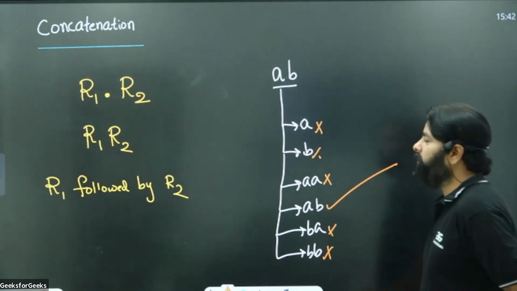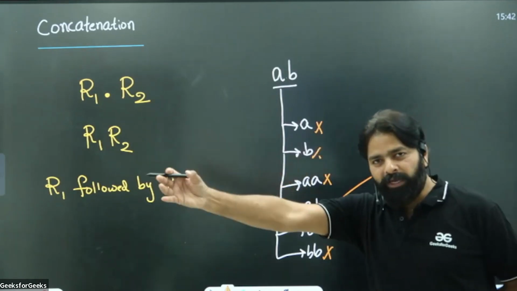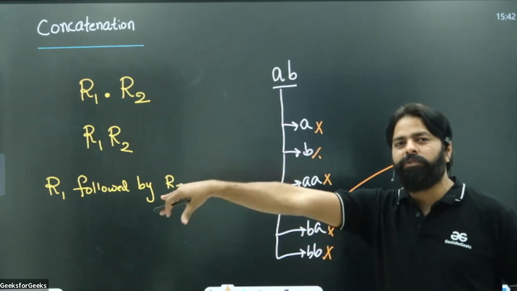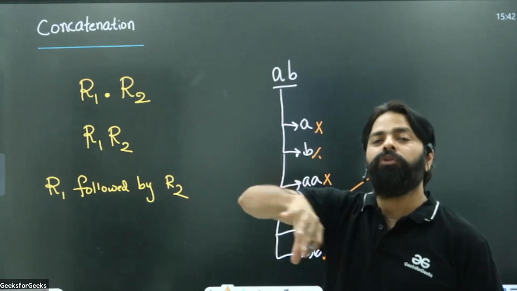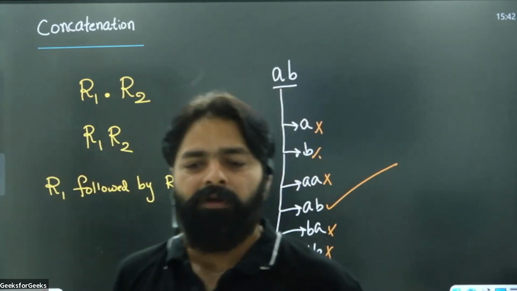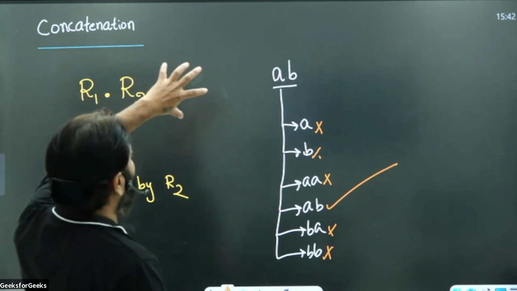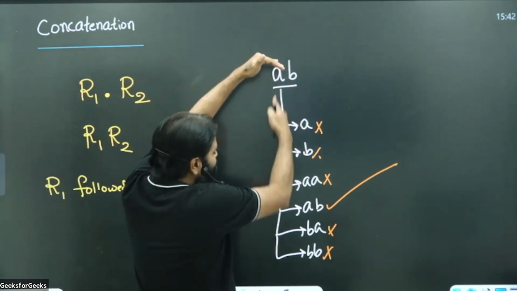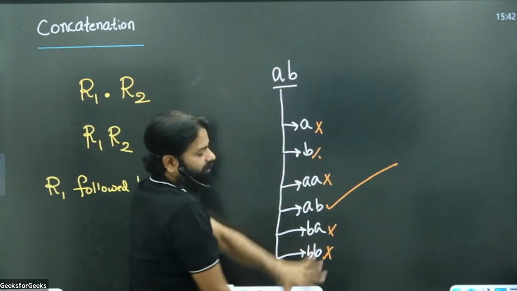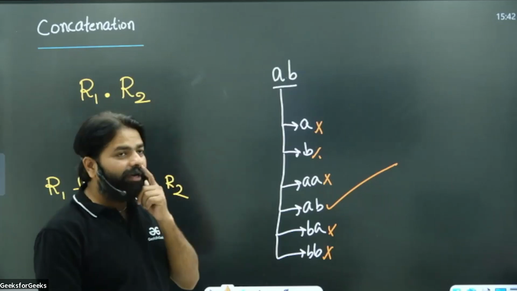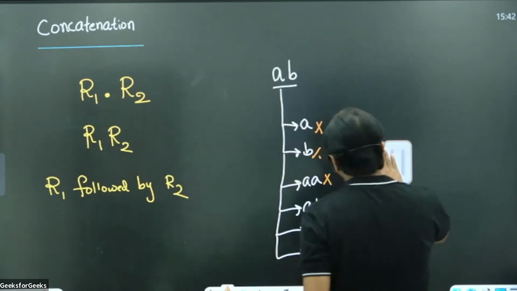Are you able to understand? Because it is A followed by B, there is no single A and no single B. Here you have both, A followed by B. Many people misunderstand this expression because they only try to get A. That is wrong. Here A is a part of the string but not the complete string. From this expression you can only get AB and not any other. When will you get only A?